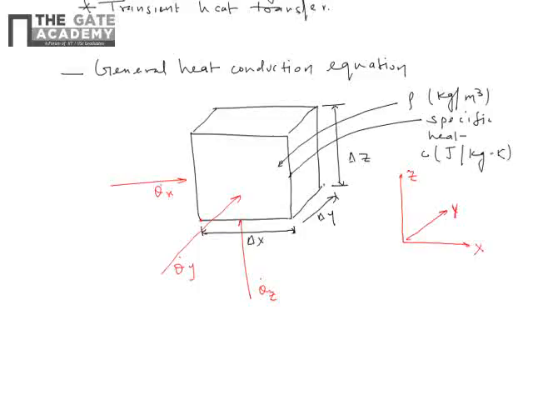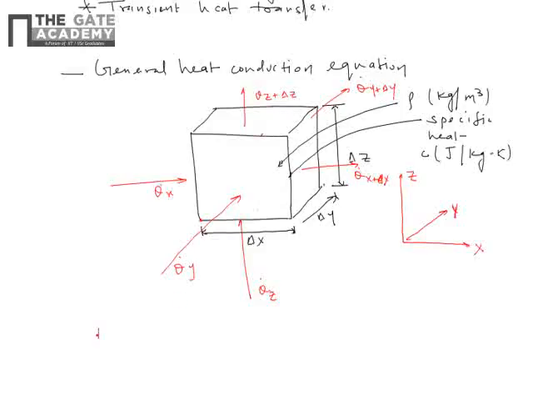And we will say that Q dot x plus delta x, Q dot y plus delta y, and Q dot z plus delta z amount of heat leaves the surfaces at x plus delta x, y plus delta y, and z plus delta z after time delta t.